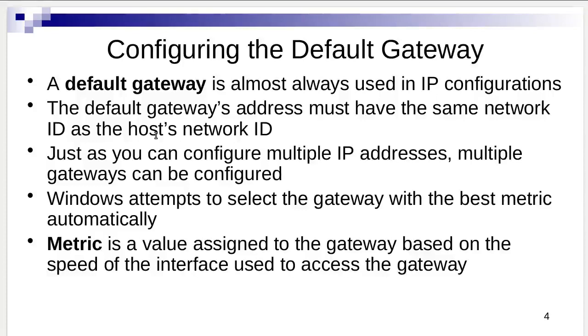If a particular gateway is slow, then Windows will switch to something faster. So when we say the word metric, it just means how do you measure something. And usually for looking at a network connection, the metric is speed or time. How fast can you transmit data, or how quickly does a gateway respond?